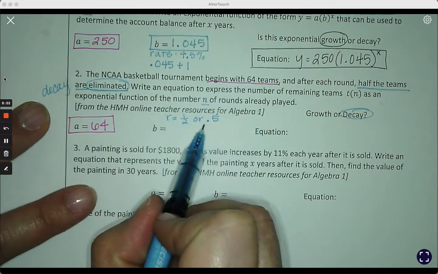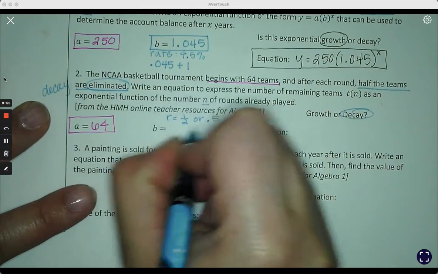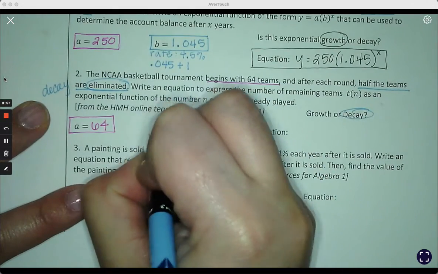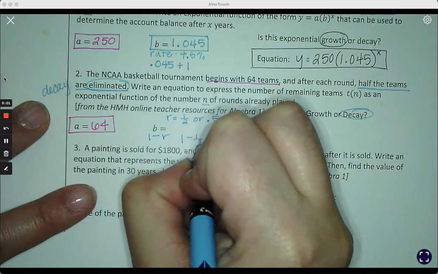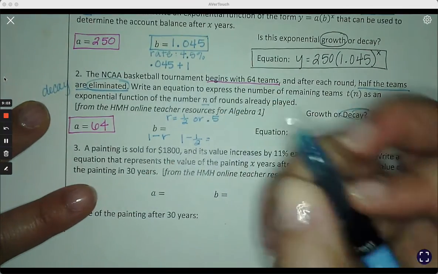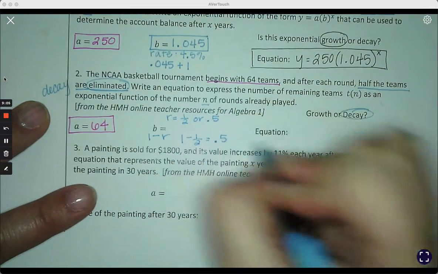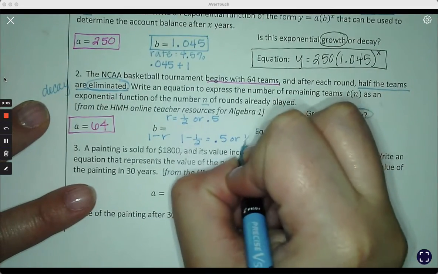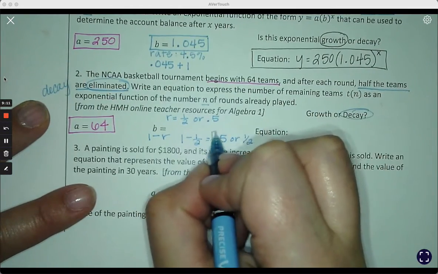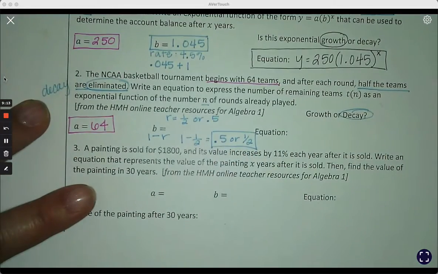So to find B for decay, we take 1 minus our rate. So 1 minus 1/2 is 0.5, or 1/2. Okay, so there's my B value.